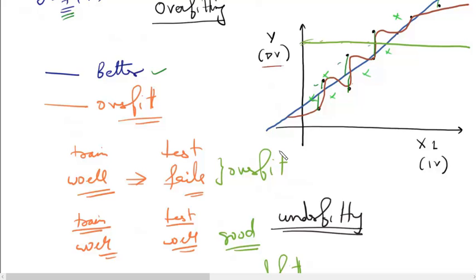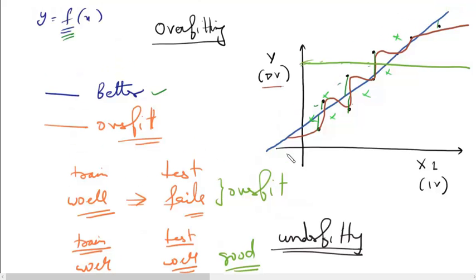If you find that your model is failing on your test data, you go back to your training data set and retrain your model and repeat the process until you get a good accuracy on both train and test data. So this is the concept of overfitting, a very important concept. Please make sure you are comfortable with this. We will talk about this a lot in the future modules.